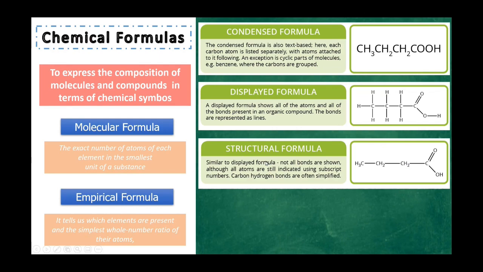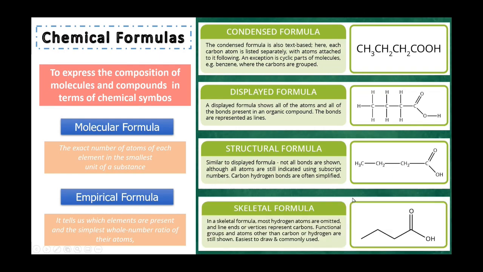And here another is the structural formula, where we cannot see all the bonds. It is just connected with the main chain, which here is the carbon chain. And then we have the skeletal formula, the last one, which will be commonly used in college. So you will draw a lot of these skeletal formulas.